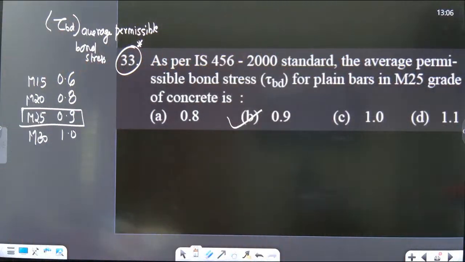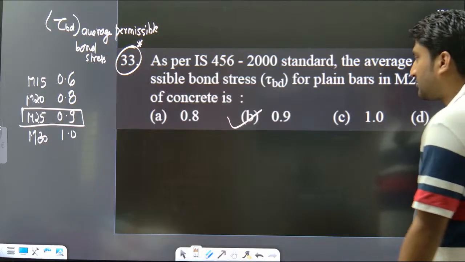Please note down, this is the average permissible value. So the correct answer is 0.9.